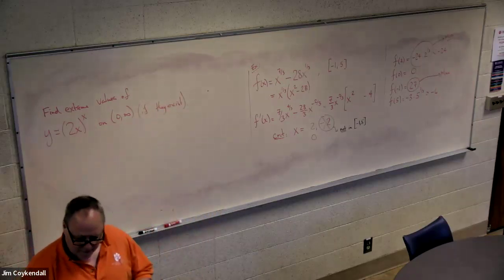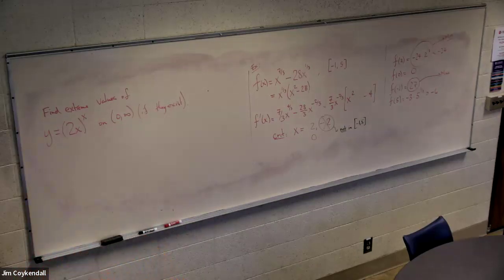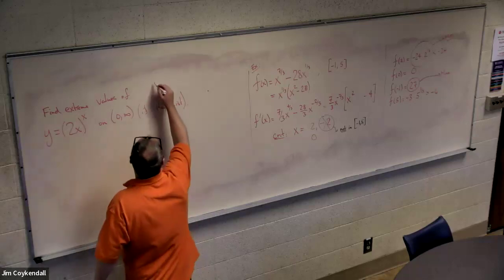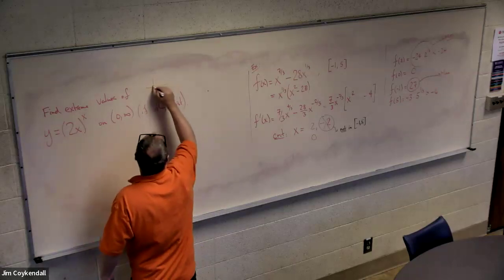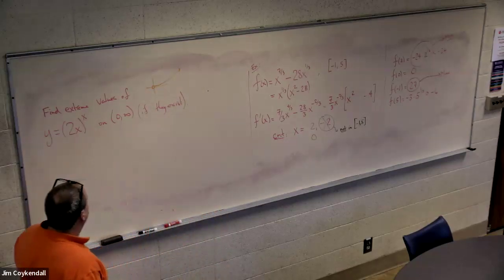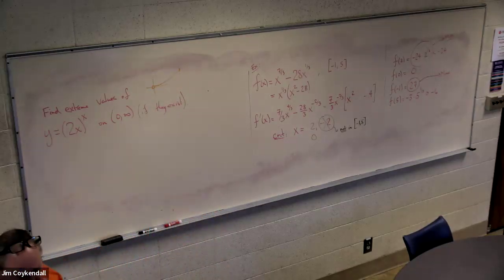Remember, on an infinite interval, you may not have extreme values. It's possible this thing looks like this, so then you never get a minimum or maximum. So let's investigate and see.